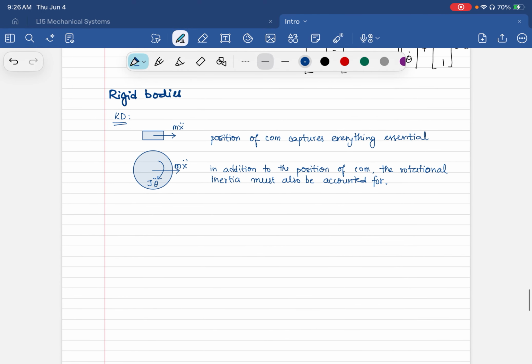Okay, so there's one extension. And then another extension is I'm going to include another passive element. So it's an extension to the spring and damper idea, which we had seen in translational and rotational systems.